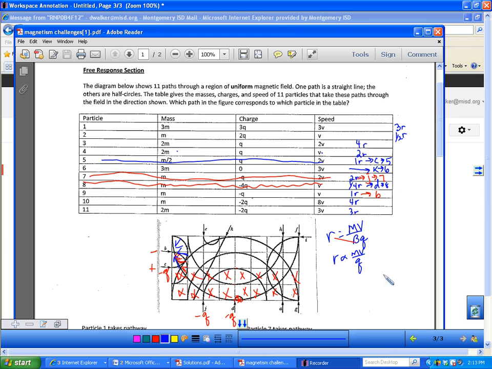And then I said, okay, I've dealt with the quarter and the 1s. Let's go figure out the 1/2. Well, I only have one particle that has a 1/2 r, so this one here tells me that it must be positive and it must be particle 2. So for the 1/2 r pathway, that is pathway, looks like E as an egg, and that's particle 2.